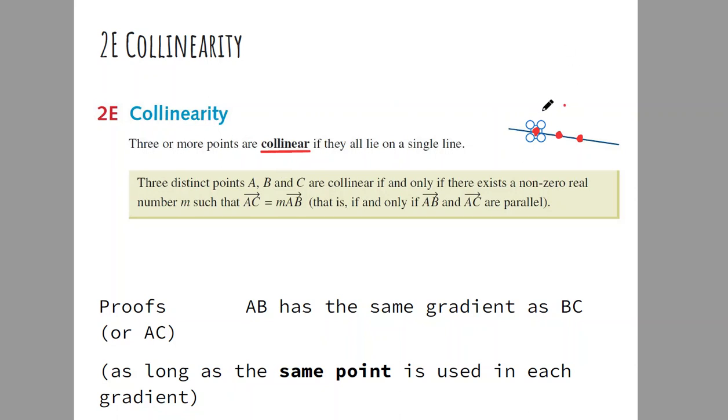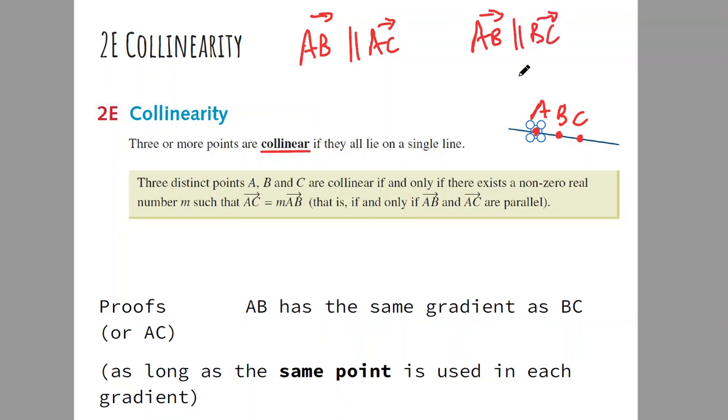One proof that they are collinear: if this is A and this is B and this is C, if you could prove that AB is parallel to AC, or AB is parallel to BC, then that would be proof of collinear.